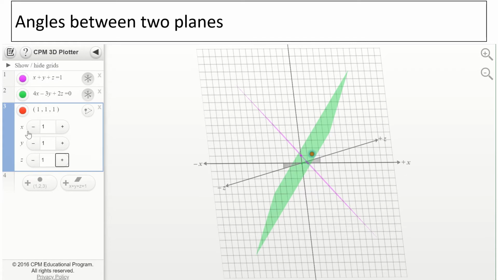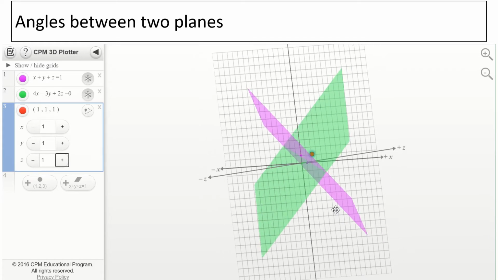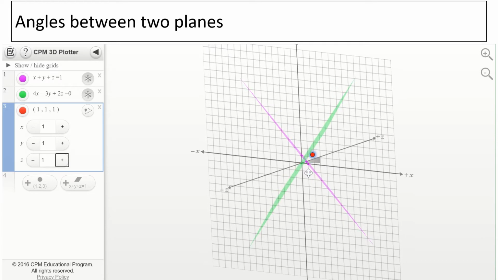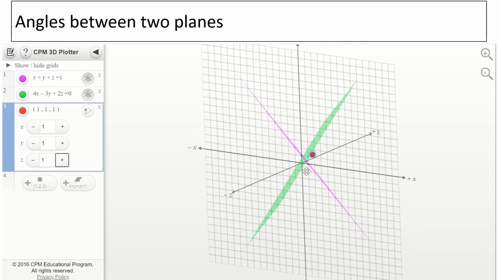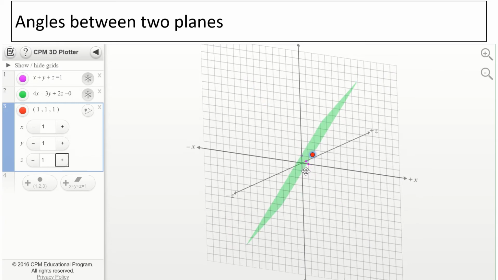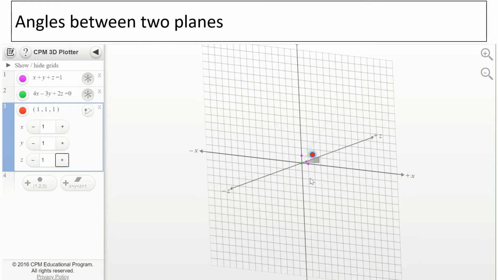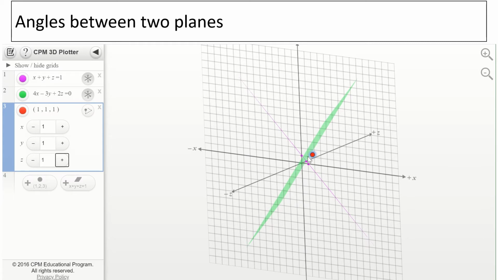Let's rotate this a little bit. This is the red line here. And here you can clearly see that the red point is in fact directly on top of the purple plane.